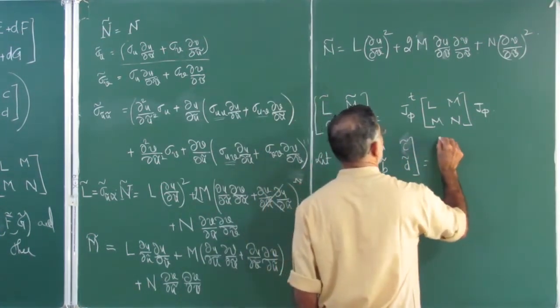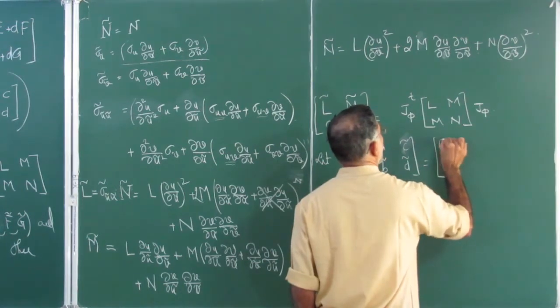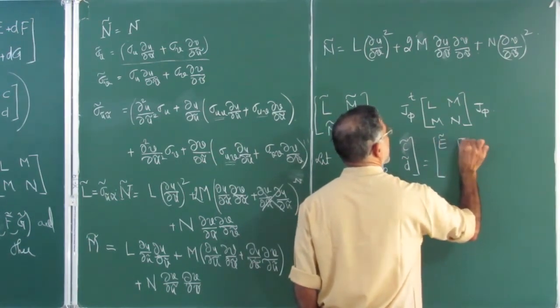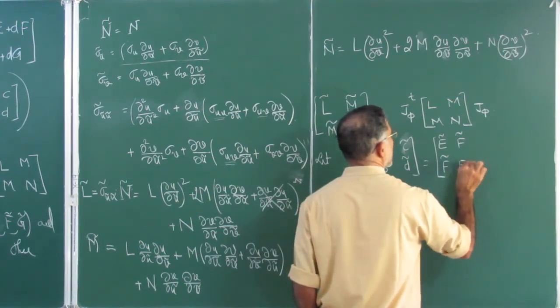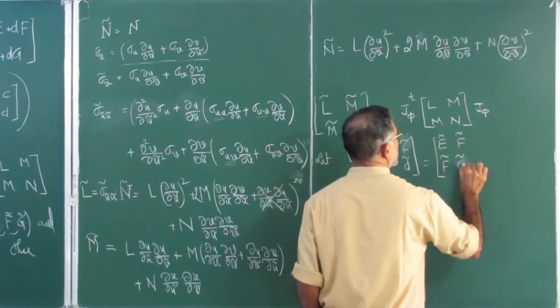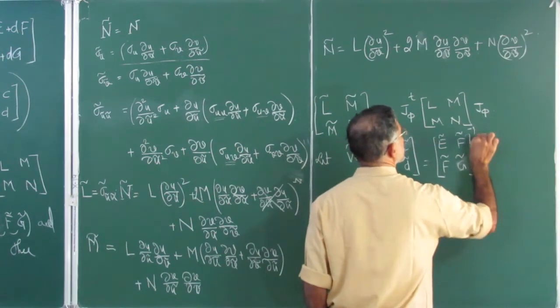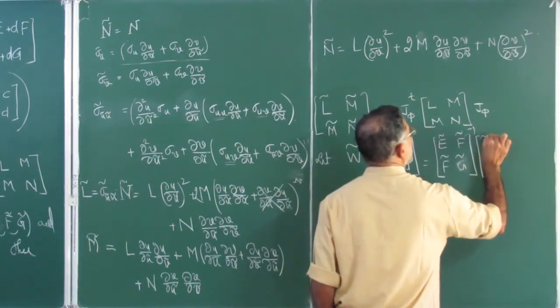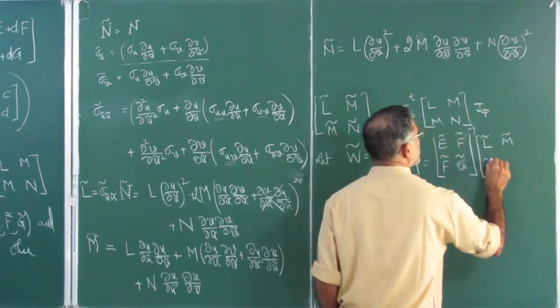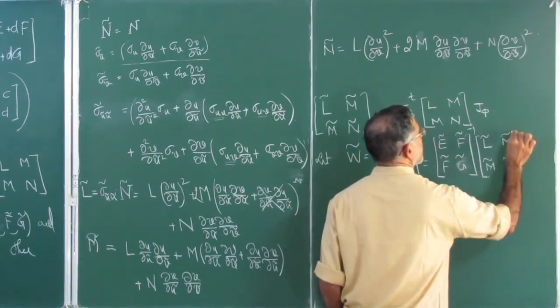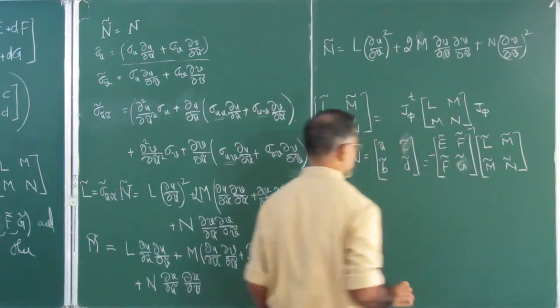This is E tilde, F tilde, F tilde, G tilde inverse, L tilde, M tilde, M tilde, N tilde. Well, there is a minus sign, let us not forget that.